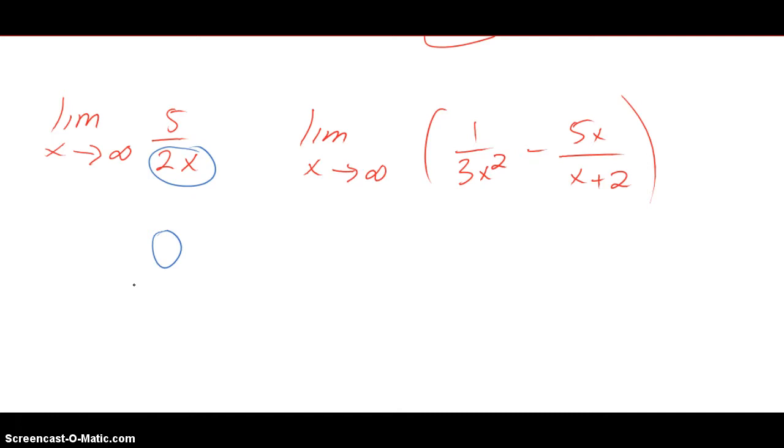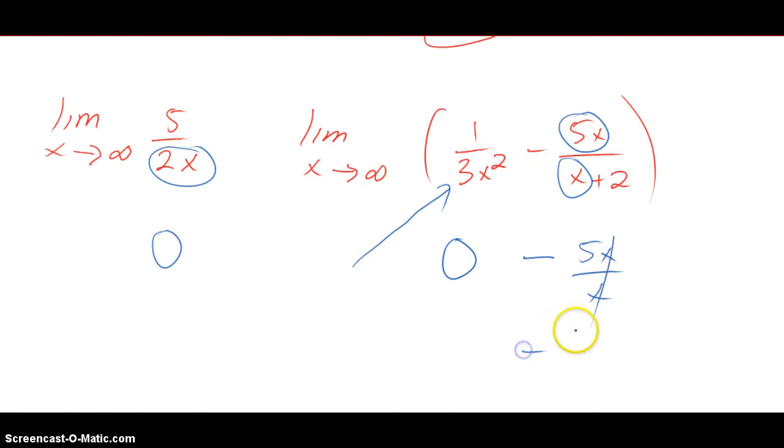I would just break it into 2 and say, alright, what about this right here? When we plug in infinity into a denominator, we're going to get 0 minus, and then that's the most dominant on the top, that's the most dominant on the bottom, so that's basically going to be 5x over x, which simplifies to 5, so we're left with negative 5.